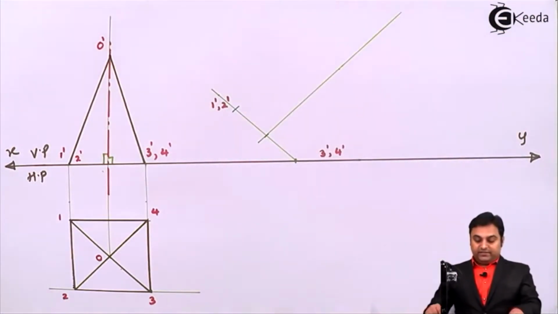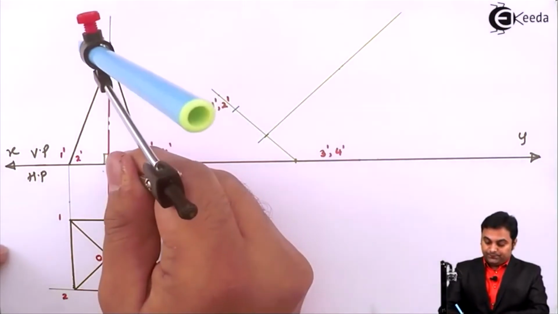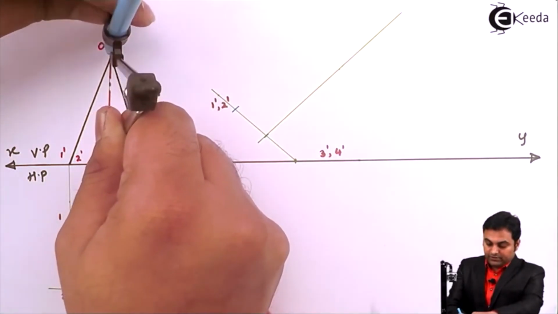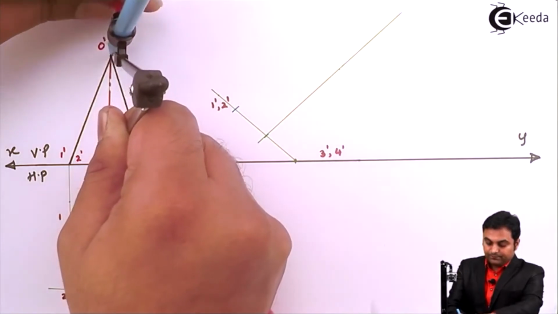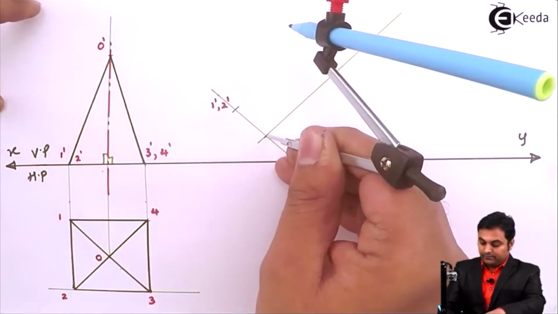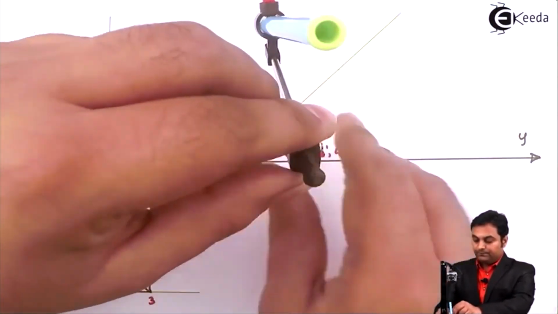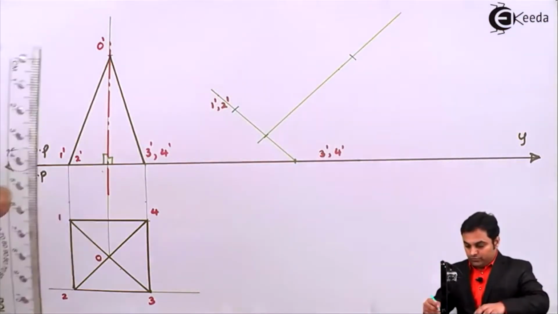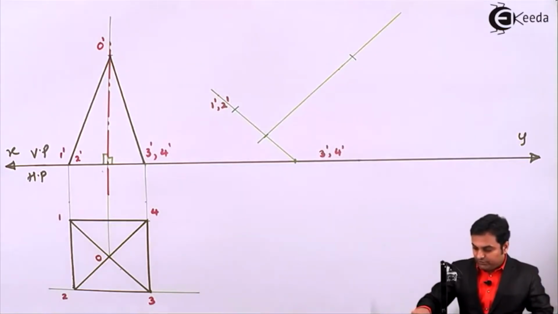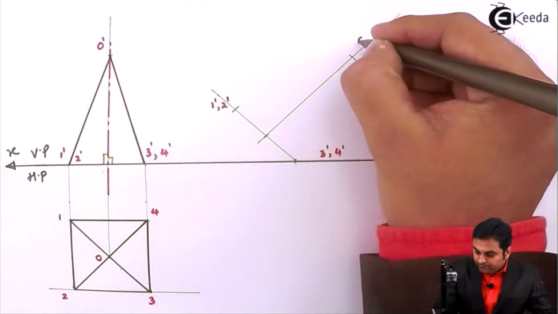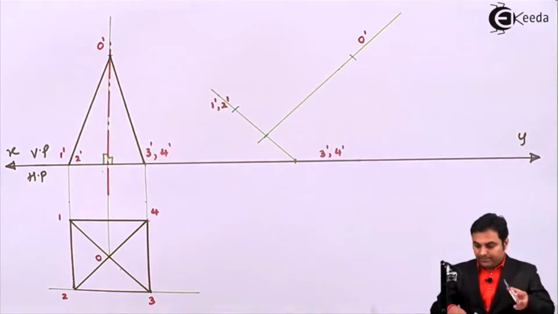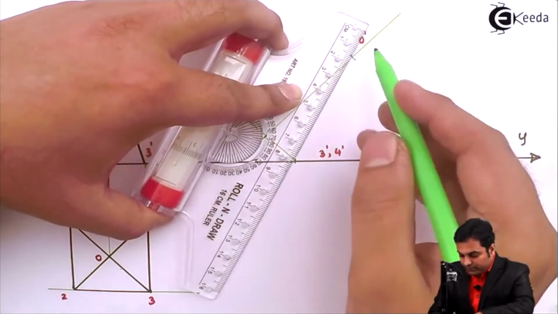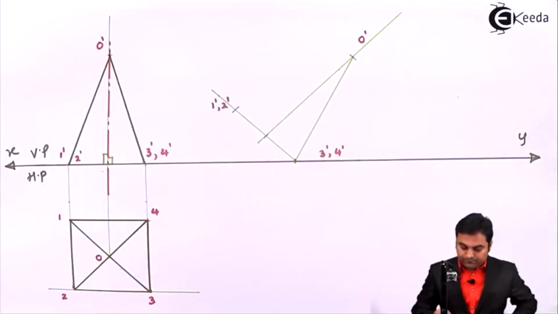As axis height is known to us, the same axis height I'll take it from the initial condition and plot it over here. So this gives me point O dash, and joining them in the sequence.